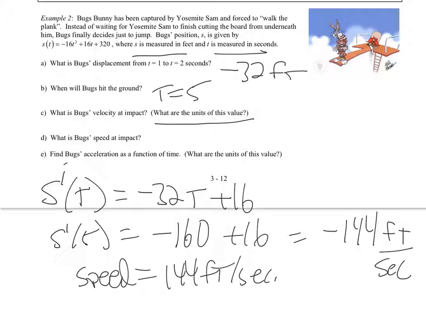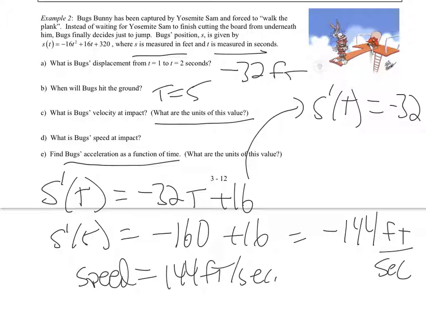Then we want to find his acceleration at that time. Well, remember, acceleration is your second derivative. So the second derivative of this, or the first derivative of this, s prime of t equals negative 32t plus 16. Negative 32t is just linear, so the slope of that is negative 32, and the derivative of 16 is 0. So now what are the units?